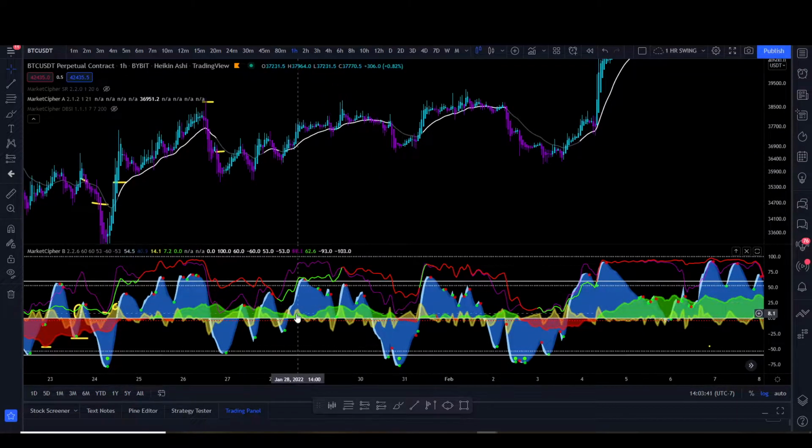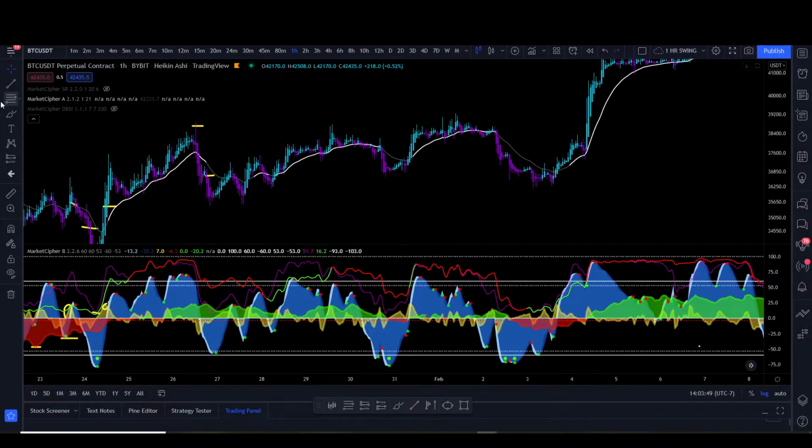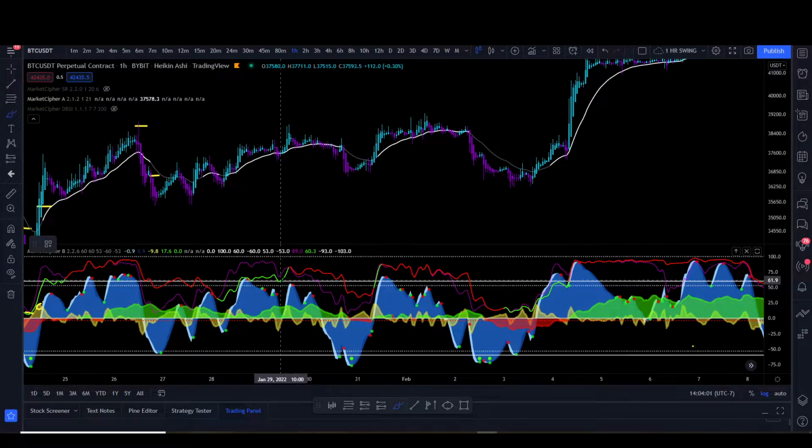Money flow is coming up. It's coming down here. We kind of diverged. So maybe, but here money flow is starting to come back up, so no. And here it wasn't really diverging when it was coming down, so no. Okay, now RSI is already checked.